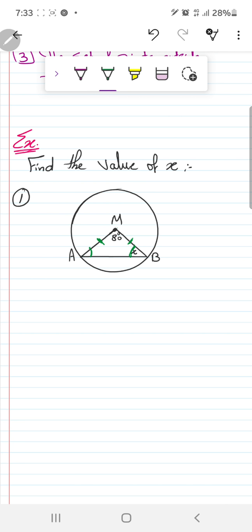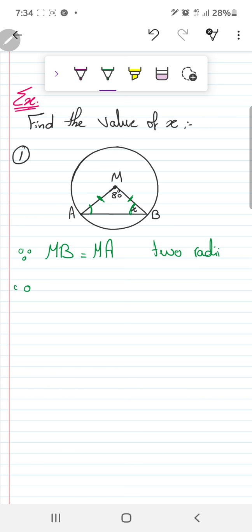Okay? First, since we have MB equals MA, why? Two radii. So we get the triangle MBA is an isosceles triangle.